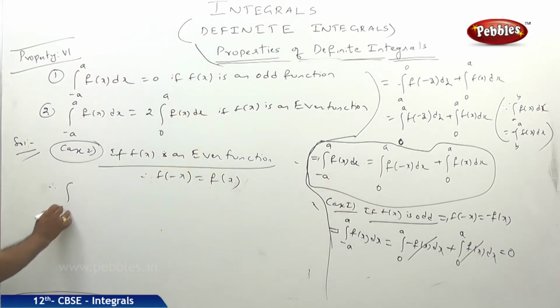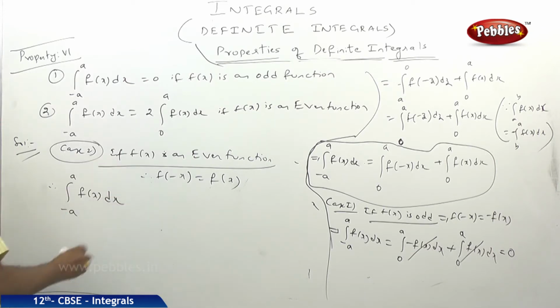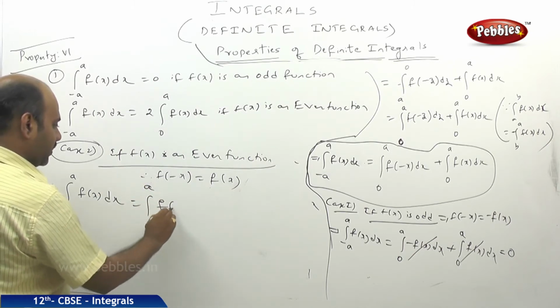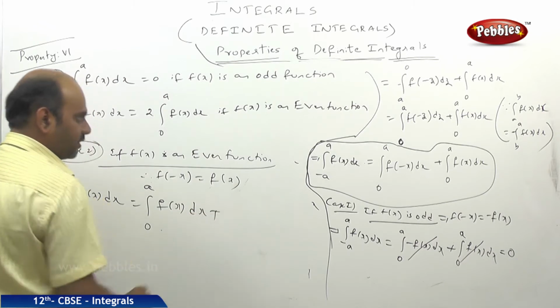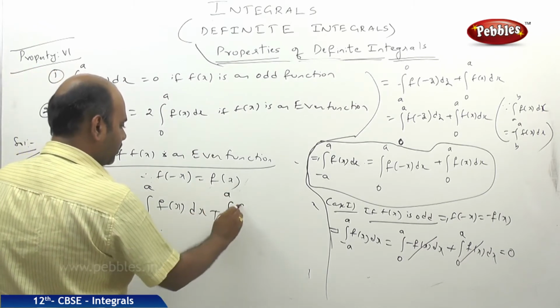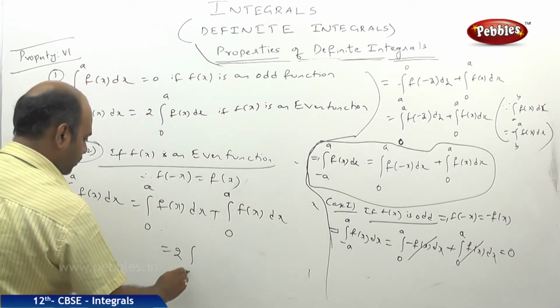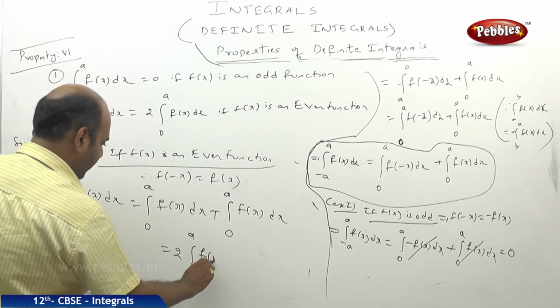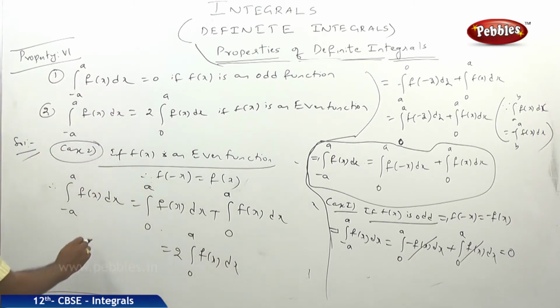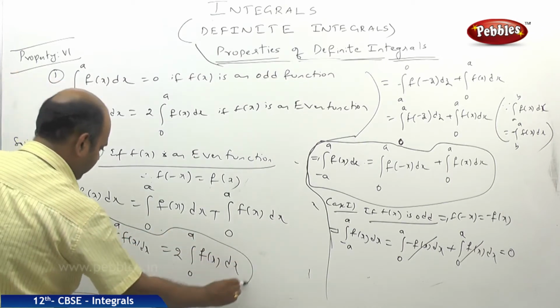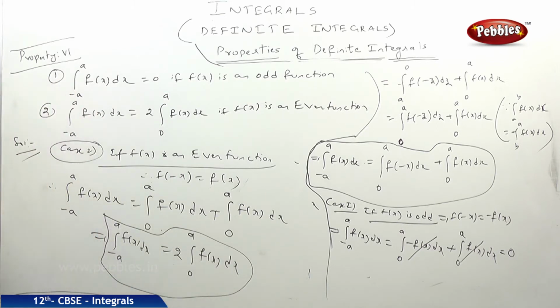Therefore, integral minus a to a f of x dx is equal to integral 0 to a f of x dx, in place of f of minus x I put f of x, and later as usual 0 to a f of x dx. So finally it gives rise to 2 into integral 0 to a f of x dx. So integral of minus a to a f of x dx is equal to 2 into integral 0 to a f of x dx.